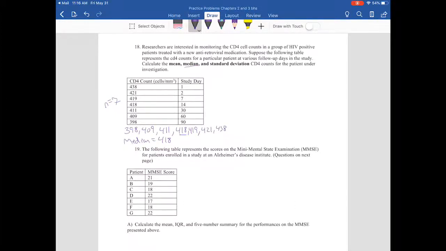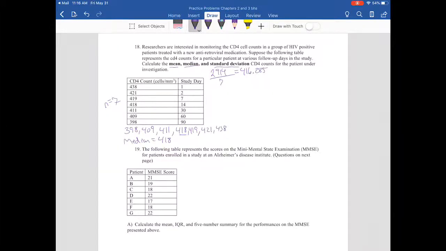In order to do standard deviation, we have to calculate our mean. Remember, the mean is adding up all the values divided by the total number. If we add up all the values here, we get a sum of 2,914 divided by 7, and you will get a mean value of 416.285.